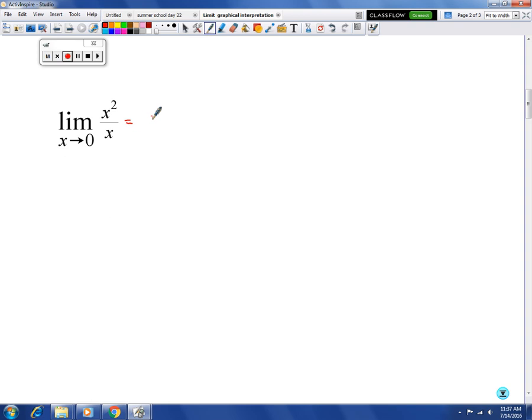You notice that x squared is really an x times an x, and we have an x down there. So we can actually just cancel out a simple x from top and bottom. So we can rewrite this limit as this, and then we can substitute our 0 in, and our actual limit is 0.